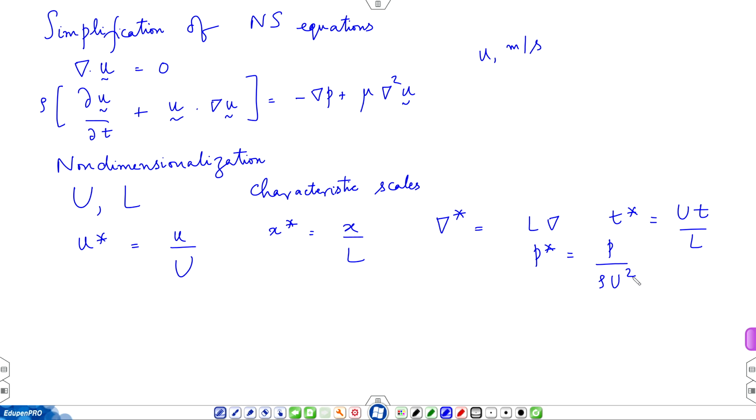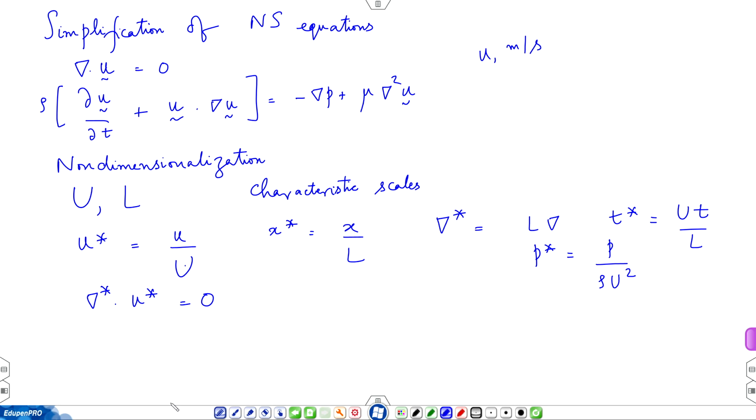So, what you can do is now substitute for this. U can be expressed in terms of u star as u star times capital U. Capital U is a constant. So, it cancels off and you get this, the dimensionless form of the mass balance equation.